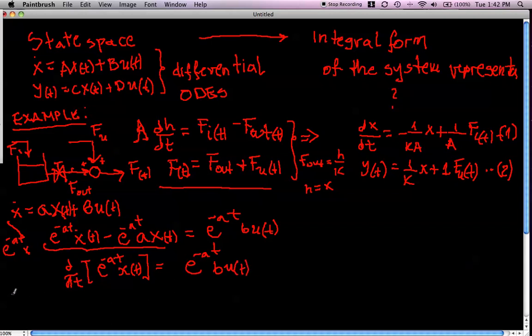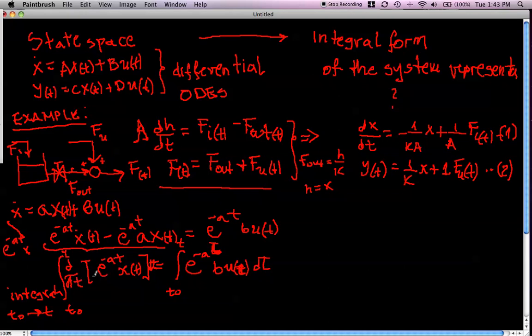Now, if we integrate this expression from t0, some initial time, to t, we will just integrate from t0 to t dt, and here we also integrate from t0 to t, but now this cannot be t, this has to become tau, because this is essentially a dummy variable.